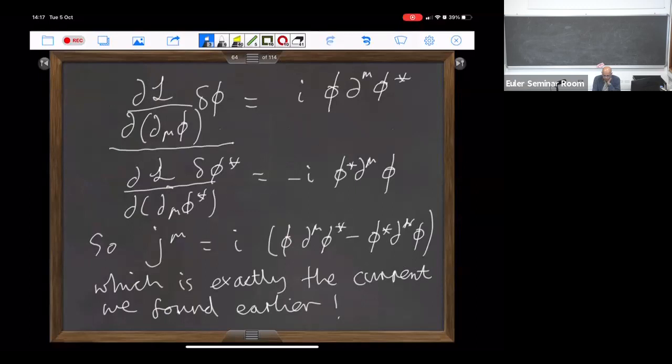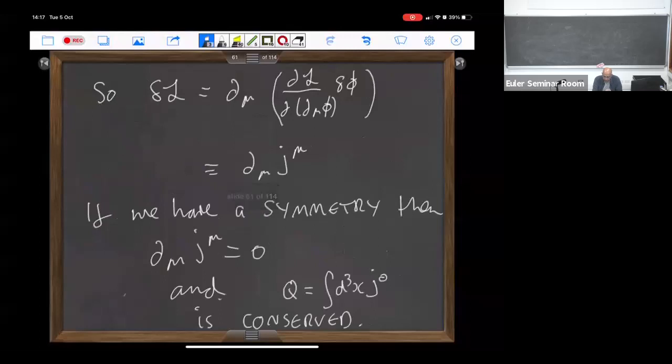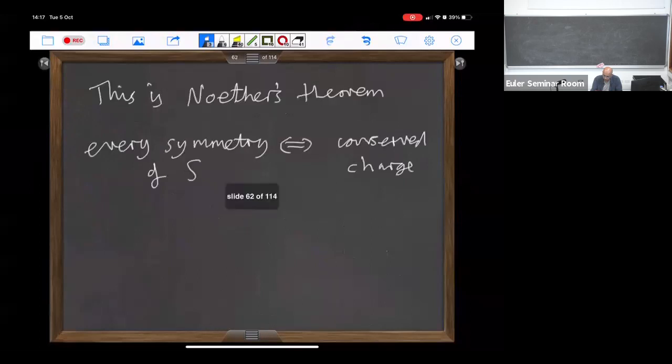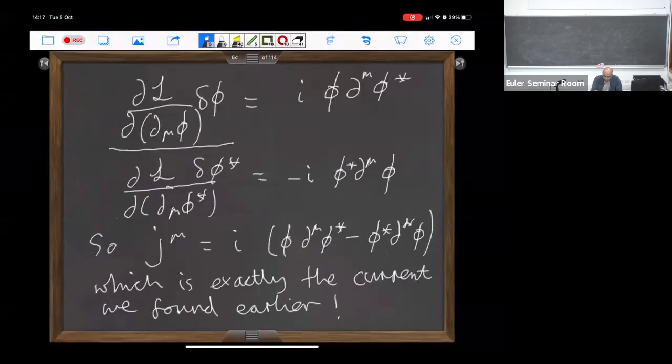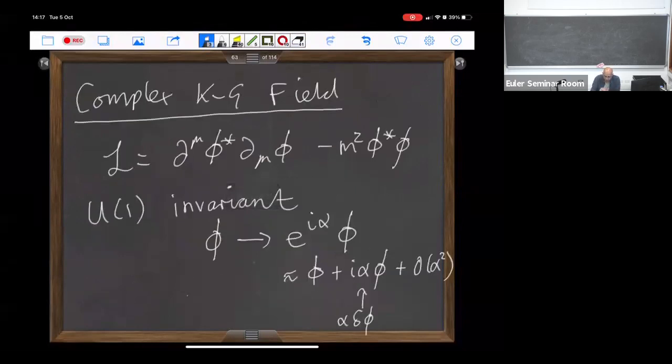So this is the quantity which appears in our variation of the action. If I take the action and look at how it depends on d mu phi, the action depends on d mu phi through the first term.